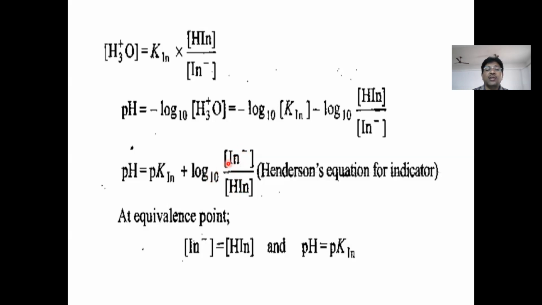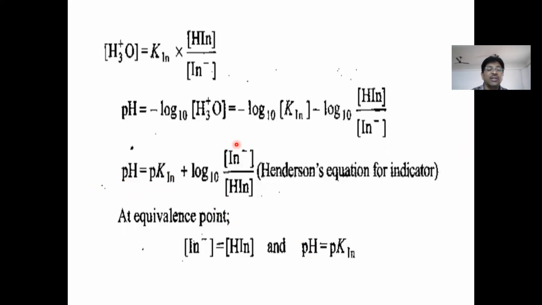Then the log becomes log 1. Log 1 value is 0. Then 0 plus pKIN, so pH is equal to pKIN if the IN minus concentration is equal to the HIN concentration.